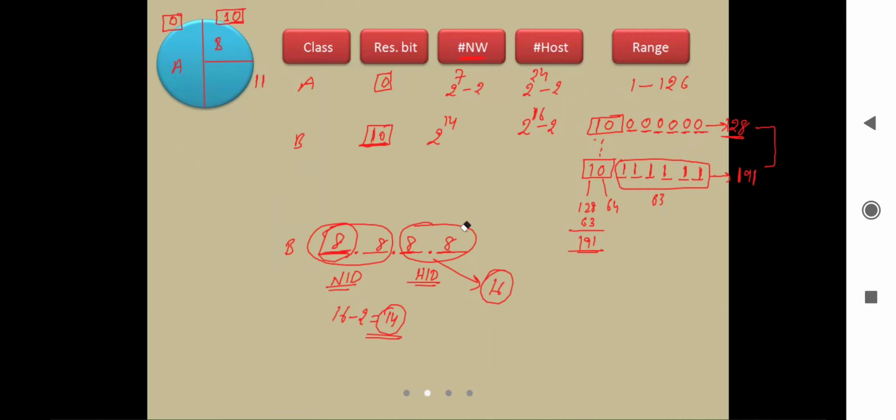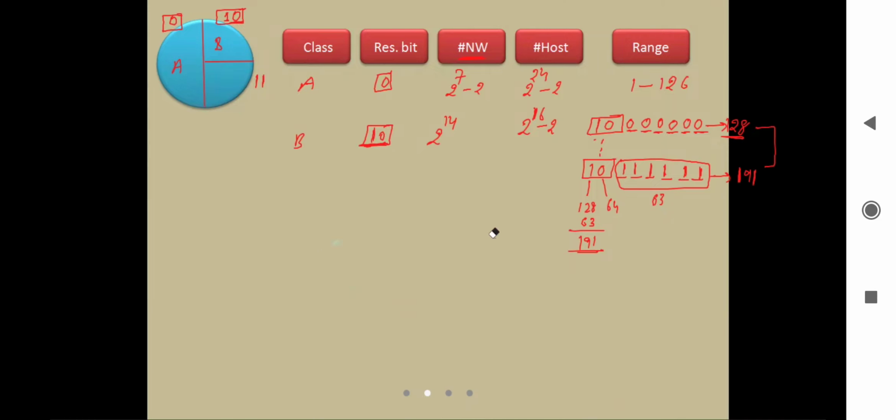Now let's see the next one. Next is class C. So here again, this is the piece of cake that is remaining, right? And I want to divide this piece of cake between two persons.